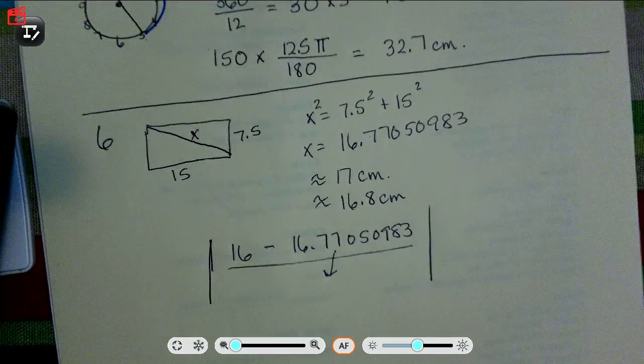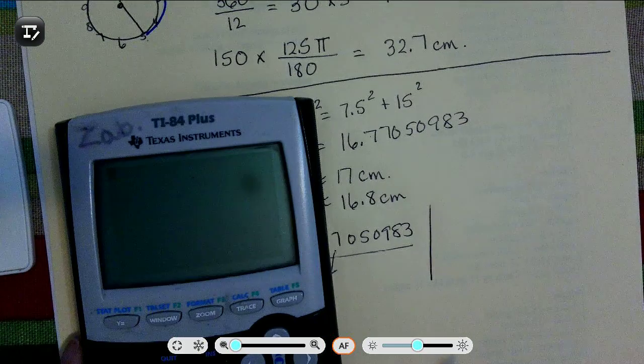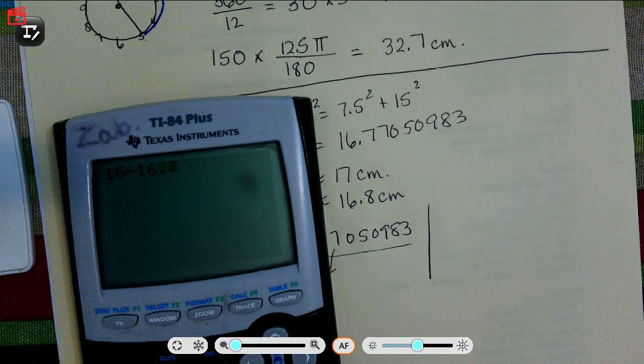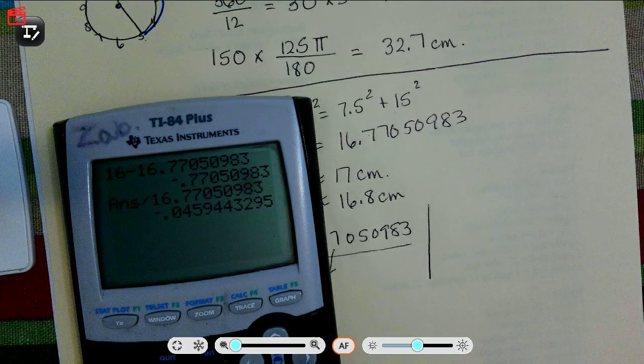So we're going to take that 16 and subtract 16.77050983. We're going to get a value. Notice it's negative. We're going to divide that by the exact 16.77050983, and we have this value here.